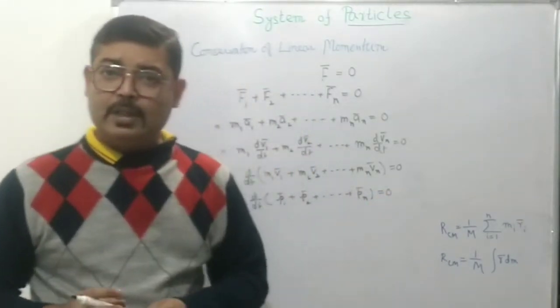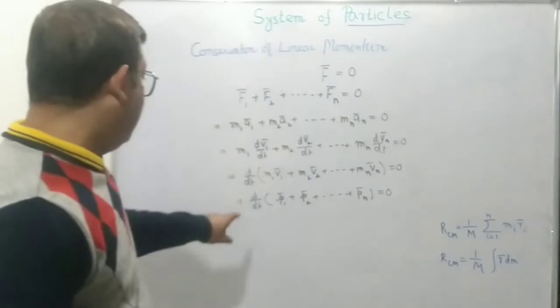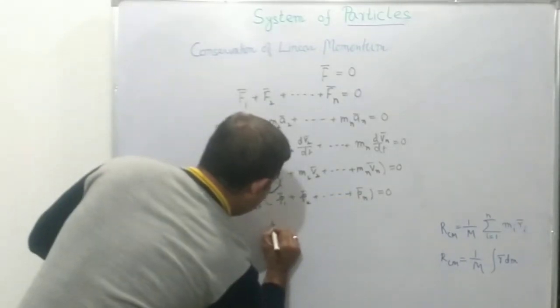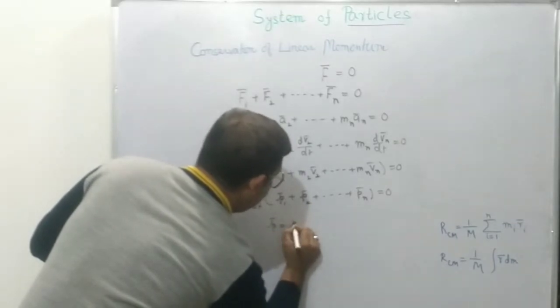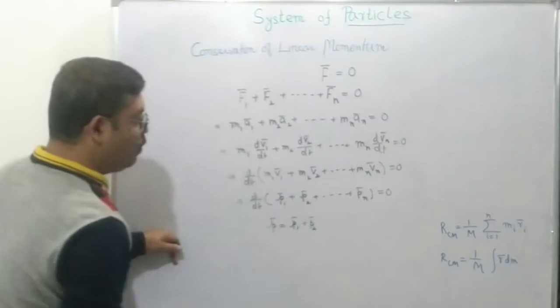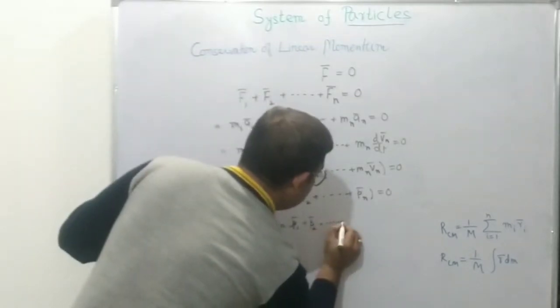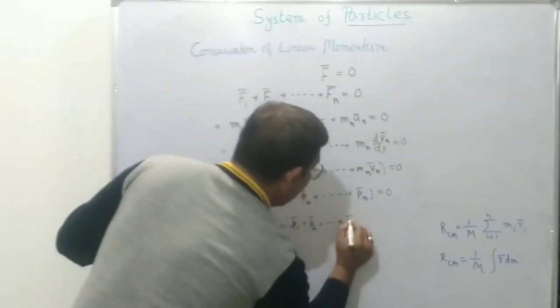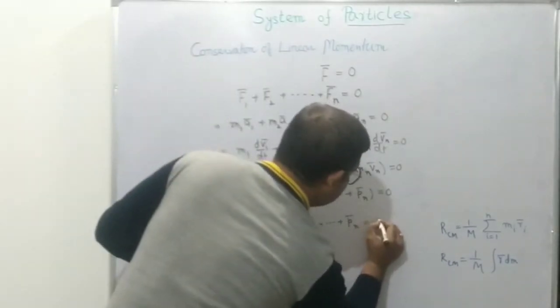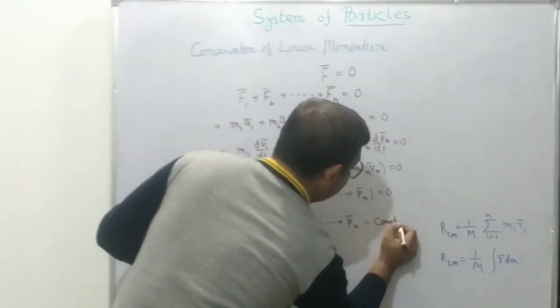Since individual momenta are not 0, their derivative will be 0 if and only if p, that is the net momentum, which is p1 plus p2 plus so on till pn, the sum of all the momenta of all the particles, is equal to a constant.